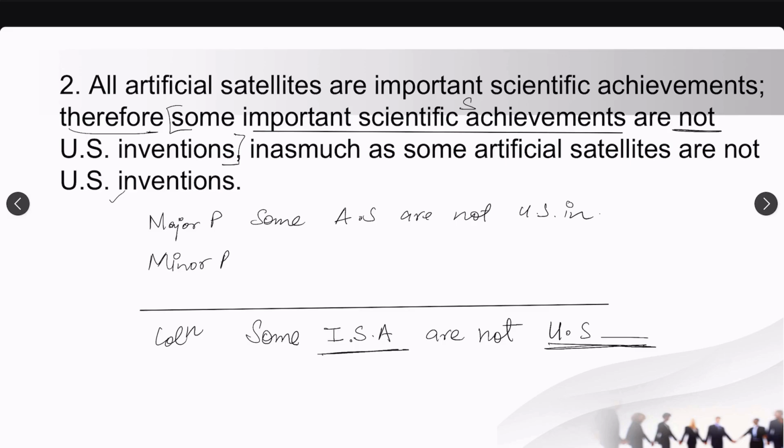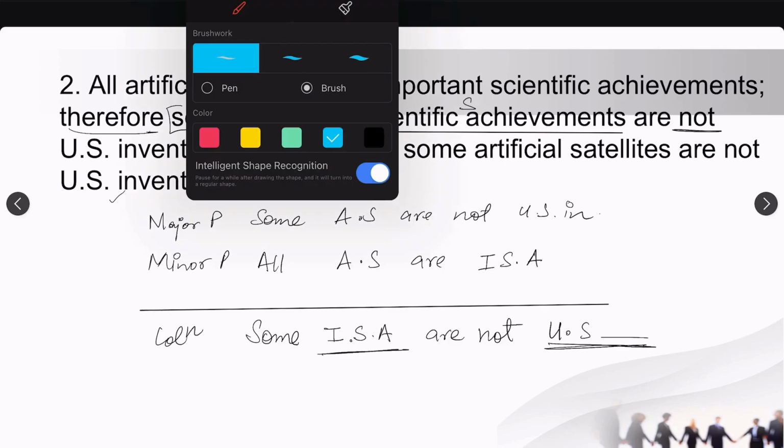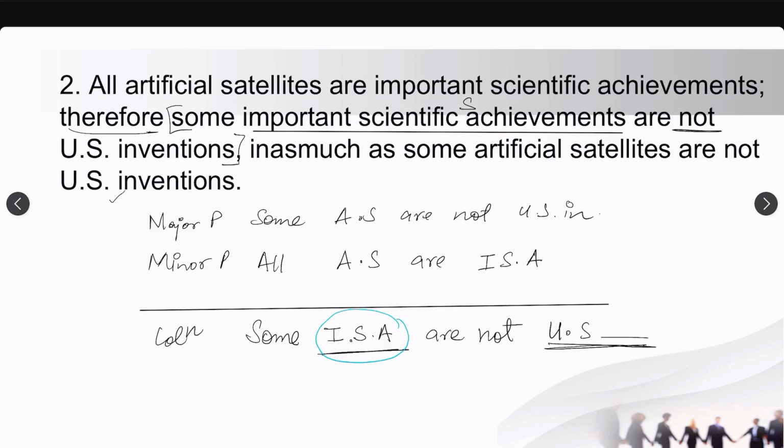And then similarly, your minor premise will be: all artificial satellites are important scientific achievements. So now it should be clear that this subject term is your predicate, and the predicate term here is the US invention.